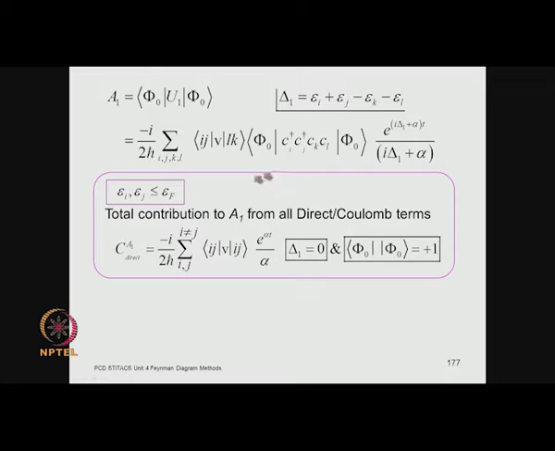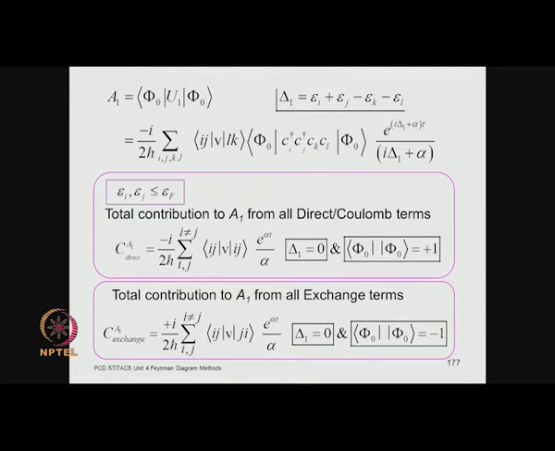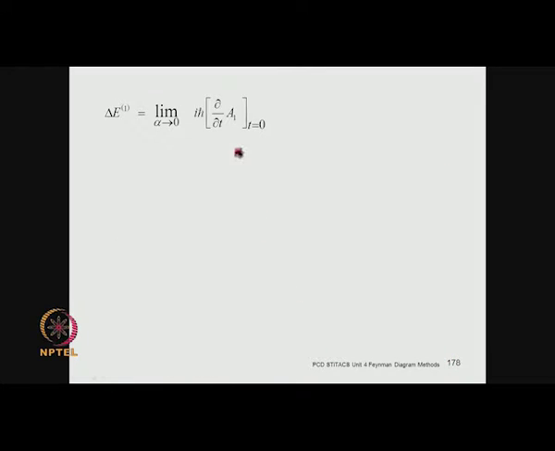So, this is the net contribution you get to A1 from the direct or the Coulomb terms, and then of course, you have to take the contribution from the exchange terms, and from the exchange terms you have a minus 1 over here, delta 1 is again 0, and subsequently you have to take the partial derivative of A1 with respect to time.